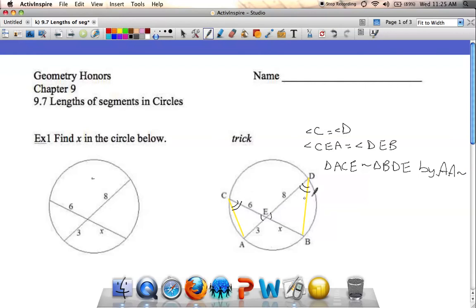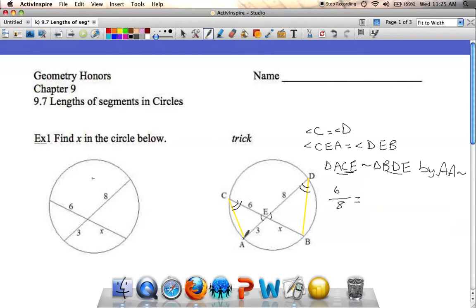So AC, which is 6, would be to BD, which is... Wait, CE. Okay, no, sorry. CE is 6 and DE is 8.